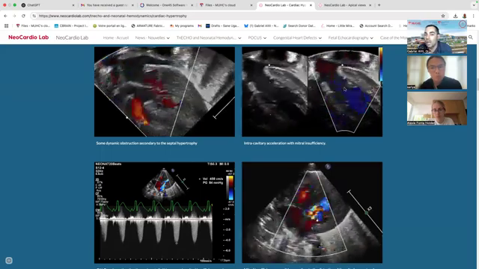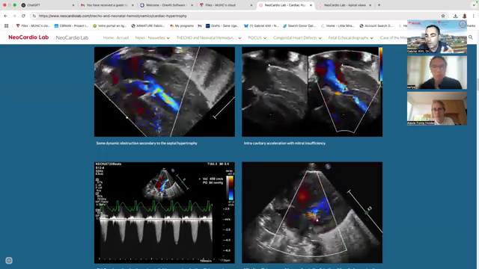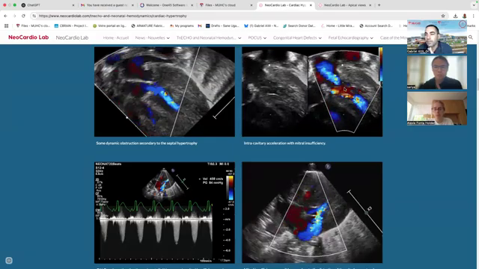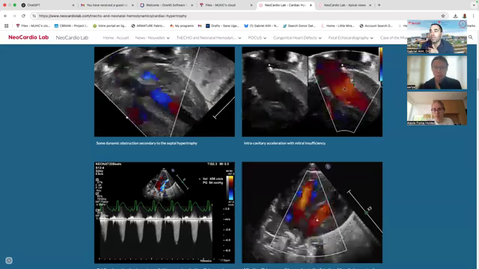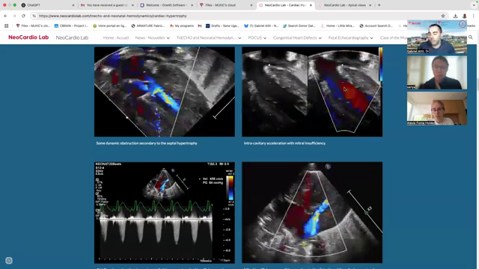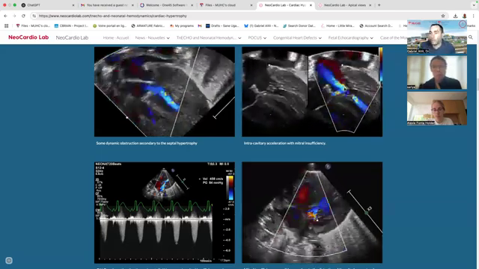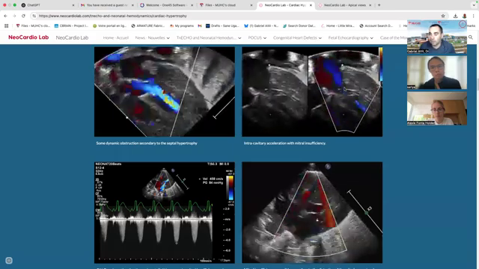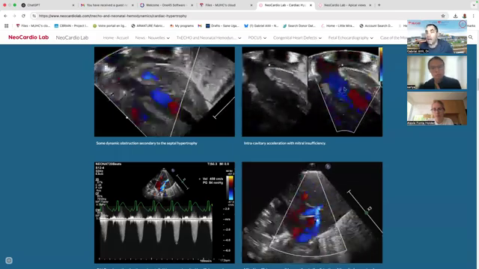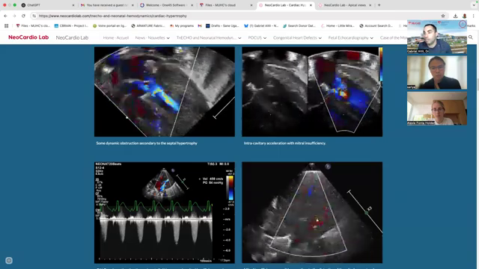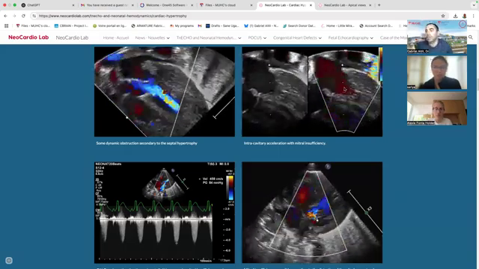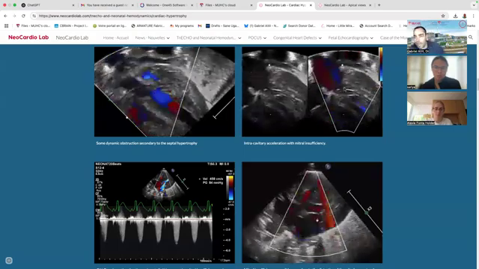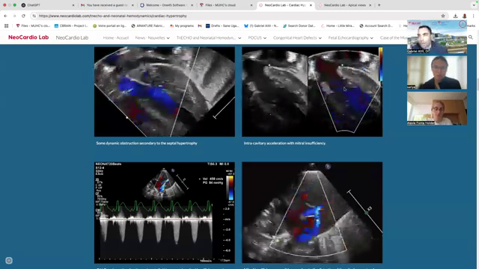Because if your LV and your aorta are in contiguity and the aortic valve is open, the two pressures should equalize. So whatever you get in your aorta, like 120 millimeters of mercury, should be 120 millimeters of mercury in your LV cavity. And so if you had an MR, you should get 120 millimeters of mercury of LV to LA or something near that, like 110. Let's say your LA pressure is 5 to 10.